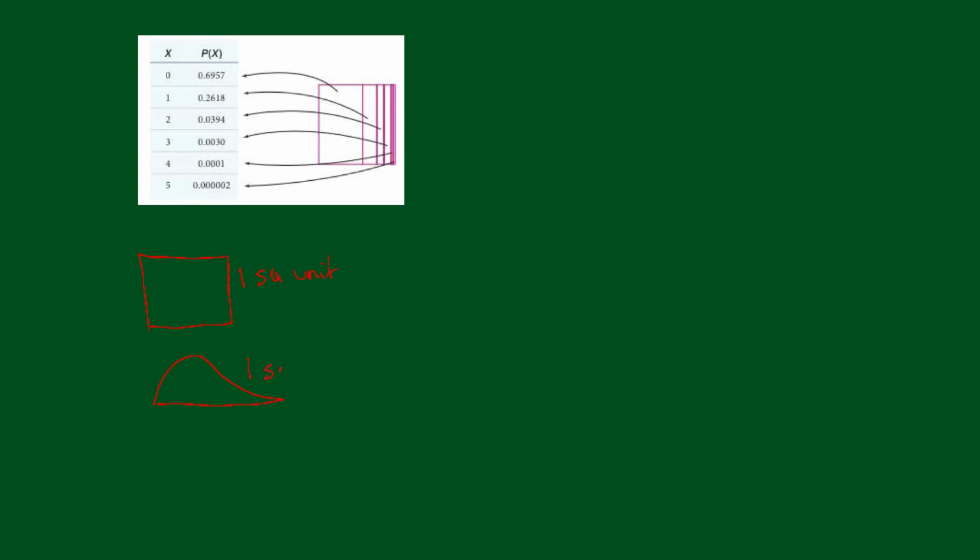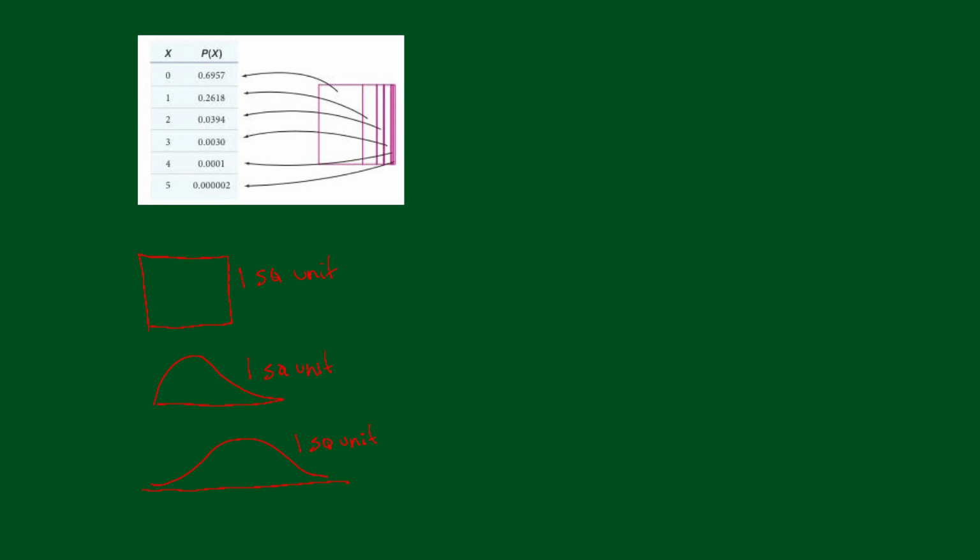This is also 1 square unit. But I might have something that looks like that, and that would be 1 square unit. So different probability distributions will have different shapes for our 1 square unit of probability.